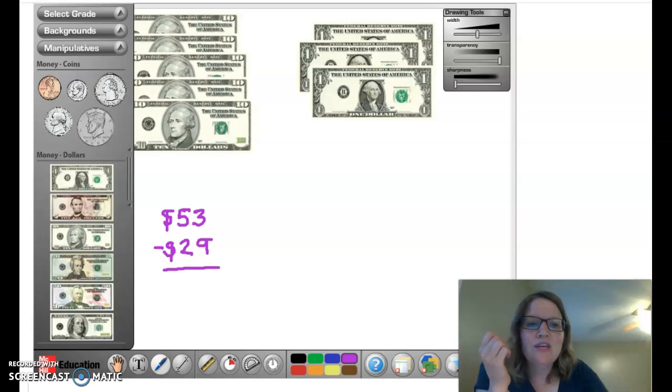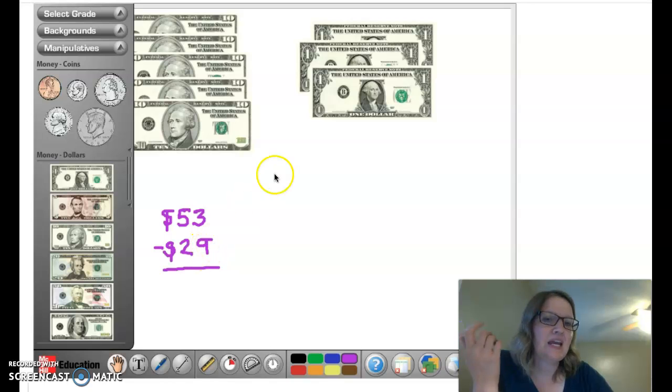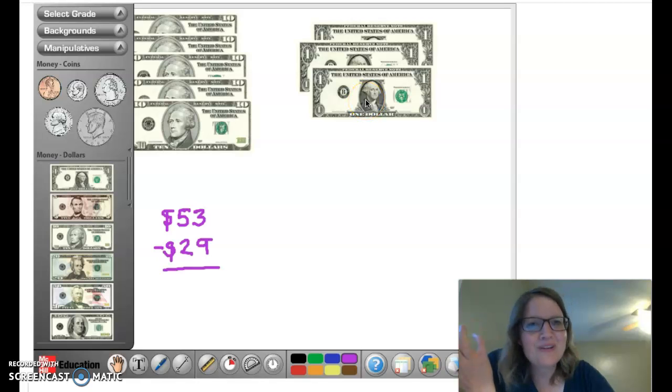Here's our $53 and we need to take $29 out of this whole group. If you look at our box, we have 3 minus 9, and we cannot get 9 out of those 3 ones. What are we going to do?